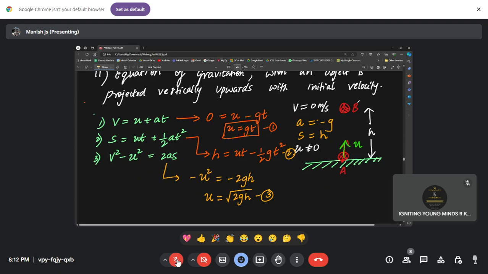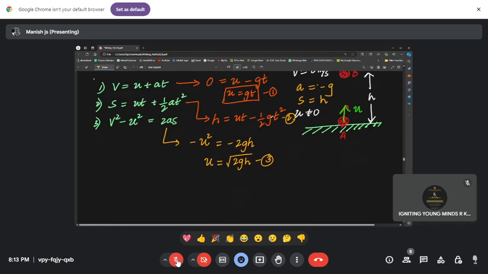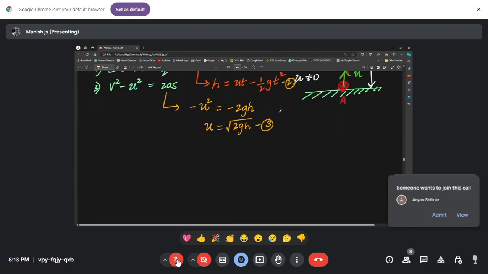I told you the reason why: because you're throwing the object vertically upward, it's going against the gravity of the earth, hence the negative sign. And final velocity is going to be 0, as eventually the object reaches maximum height, and at that height final velocity becomes 0 for a particular instant. So these are all the equations of gravitation when an object is projected vertically upward with some initial velocity.